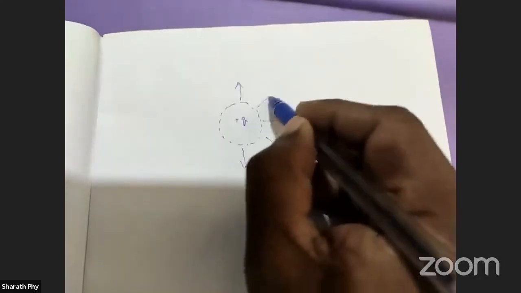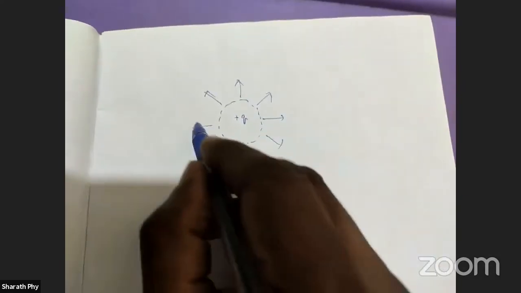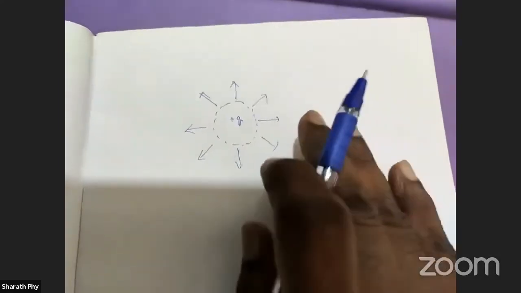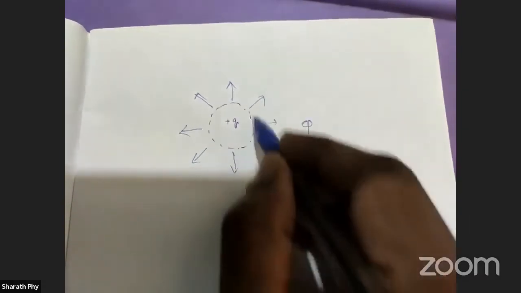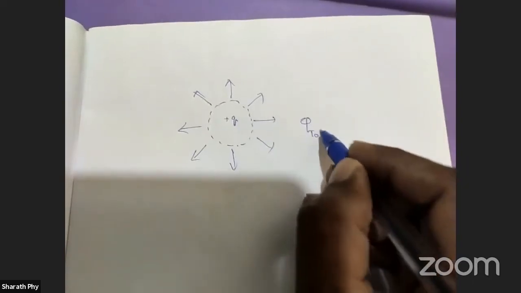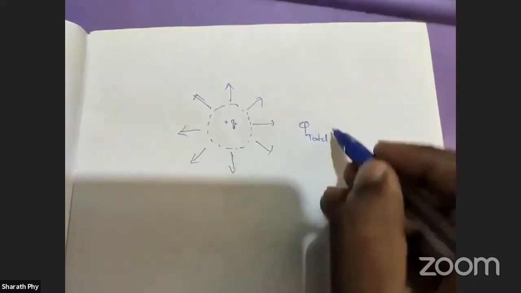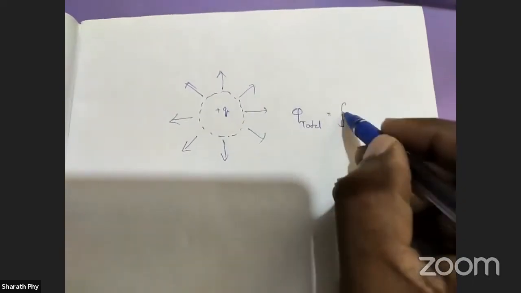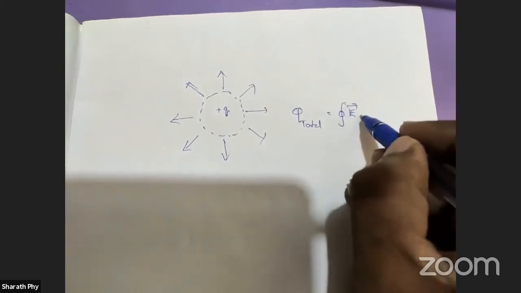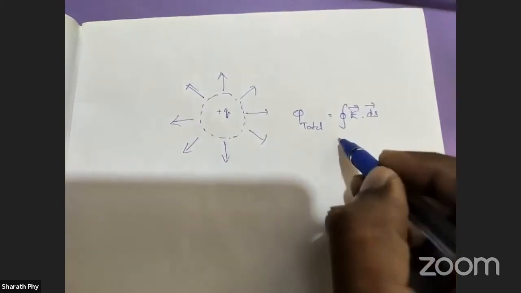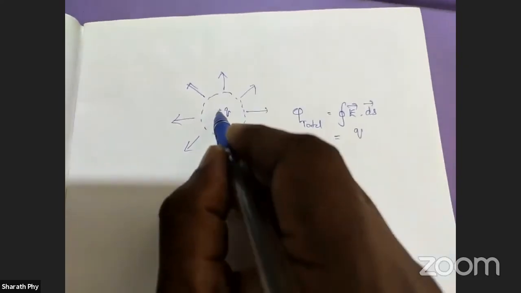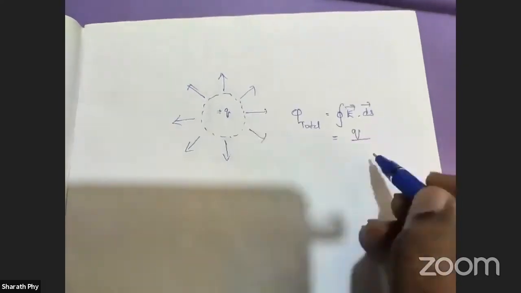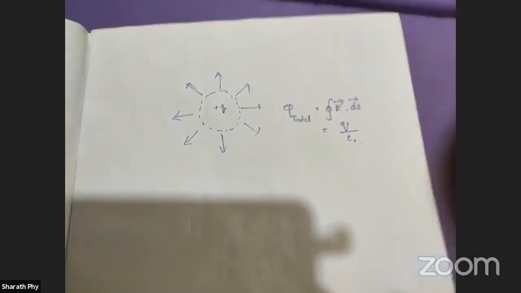So electric field lines are coming out normally in all directions. Electric flux is linked with the total surface. Total electric flux linked with the surface is equal to the surface integral of E bar dot ds bar. This is nothing but the charge enclosed divided by the permittivity of free space.